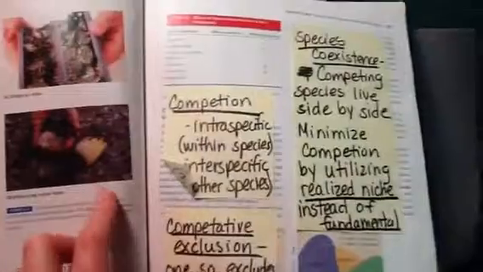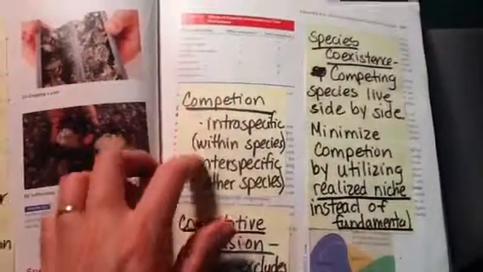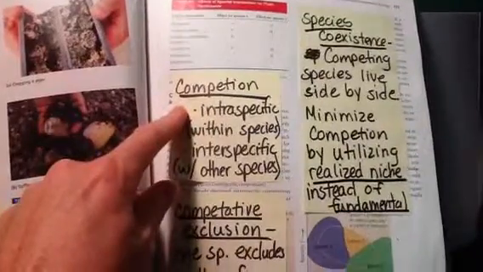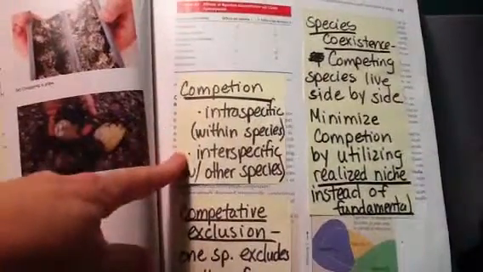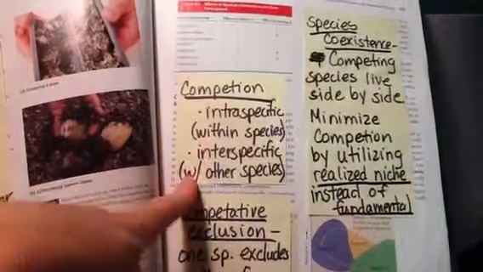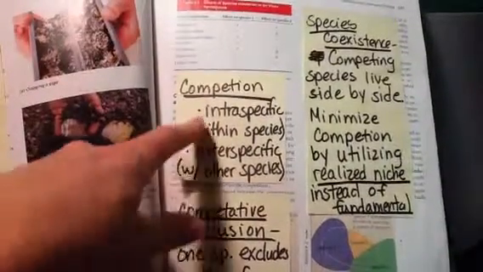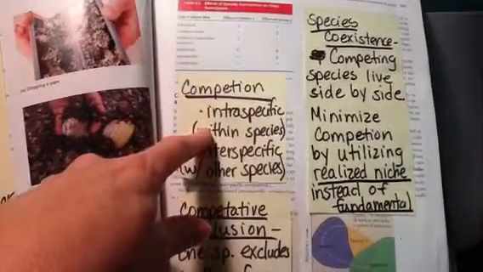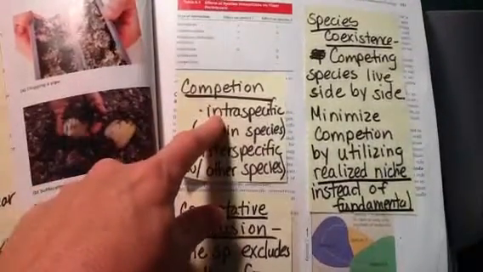On page 151, we go into talking about some species interactions. First, we have competition. And there's two different kinds. You have intraspecific within a species, interspecific with other species. So if you are the same species competing for a resource, it's intraspecific.